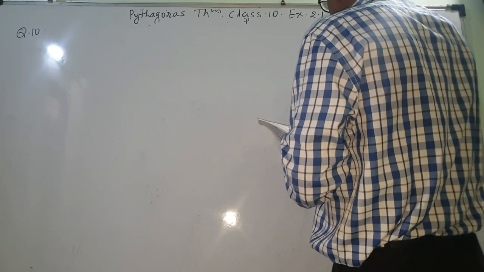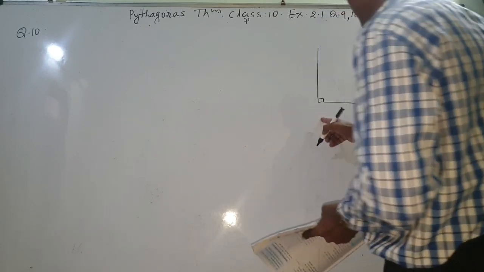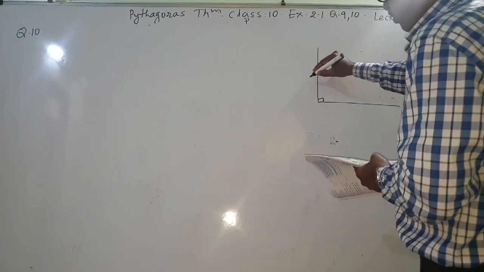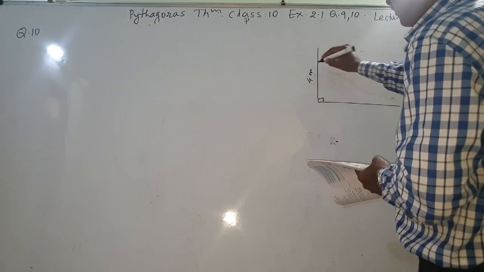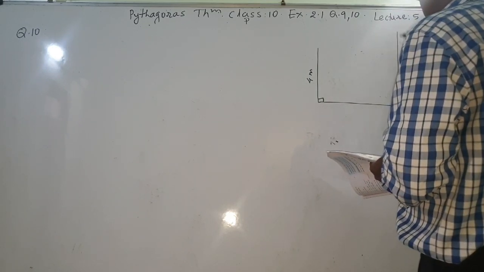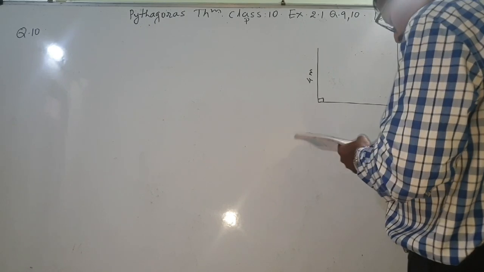This one building on the street on either side. Buildings are at right angle, they are not tilted. This is 4 meter. And another building is 4.2 meter. These are the two buildings.